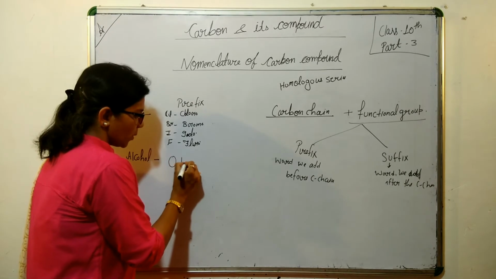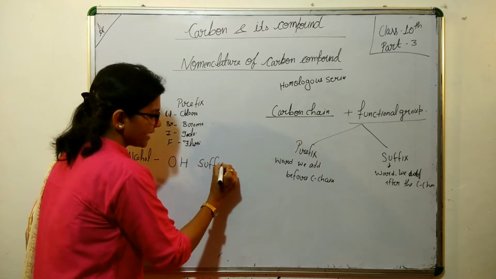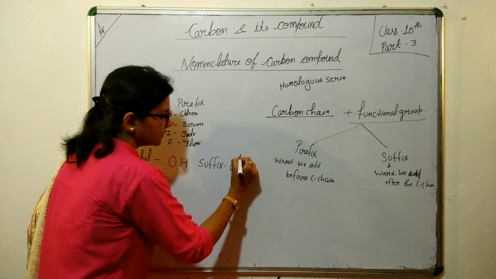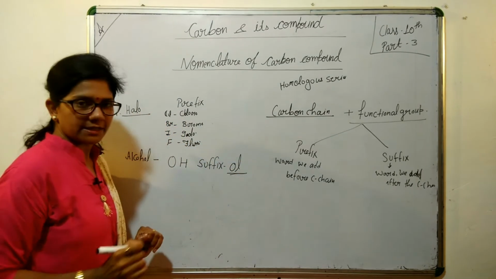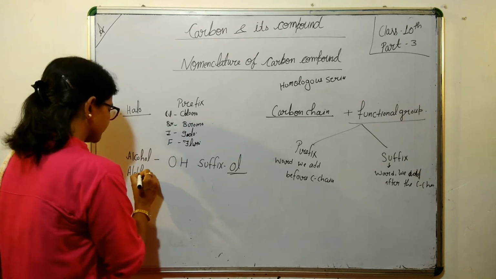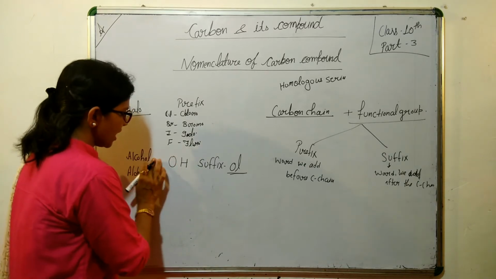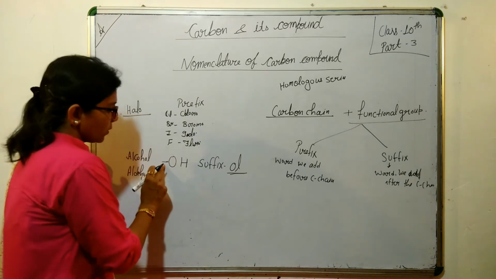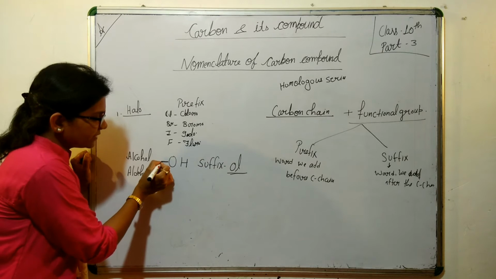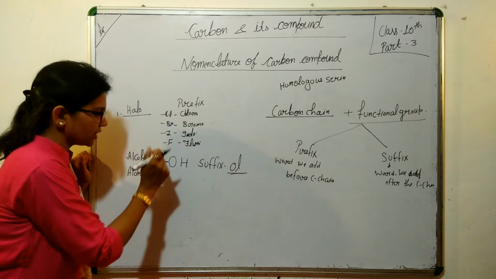Alcohol is OH, and we add the suffix ol for this. Then it is aldehyde. Let's see how it is. If I draw this line, it means a valency of this functional group.